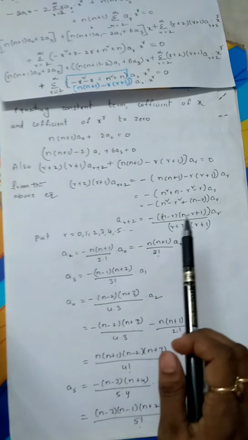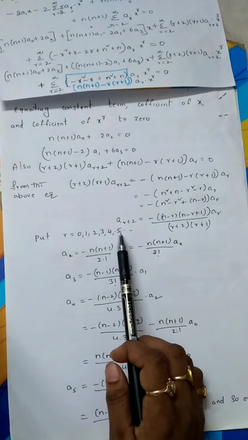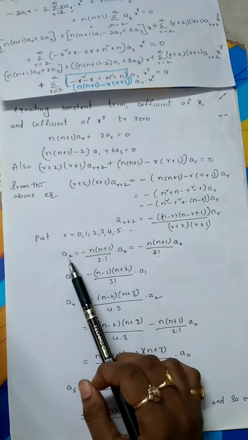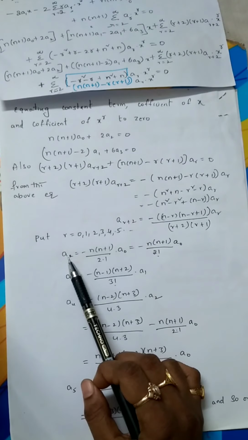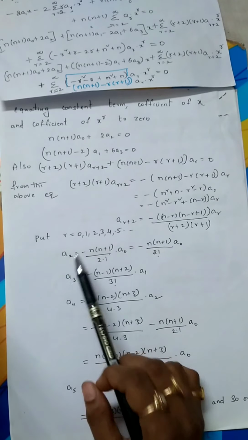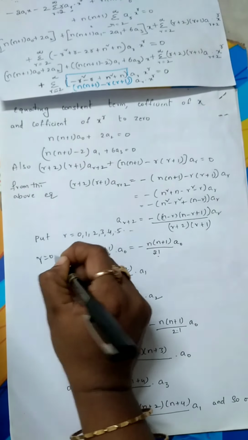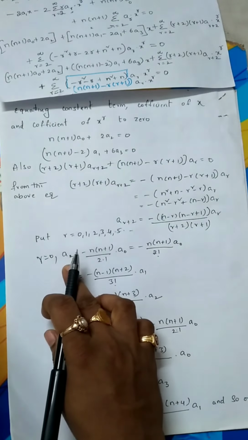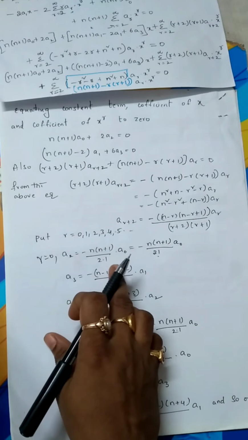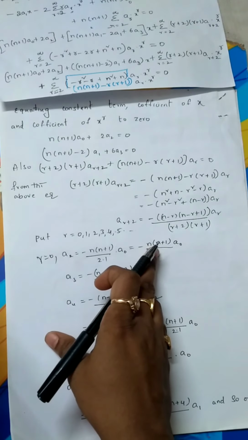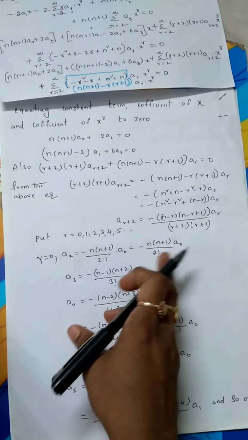Now I am taking values for r: r equals 0, 1, 2, 3, 4, 5 and so on. Substituting r equals 0, then a2 equals -n(n+1)/(2·1) a0, so a2 = -n(n+1)/2! a0.